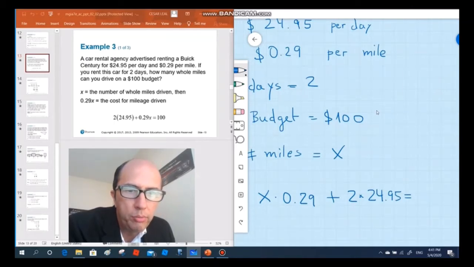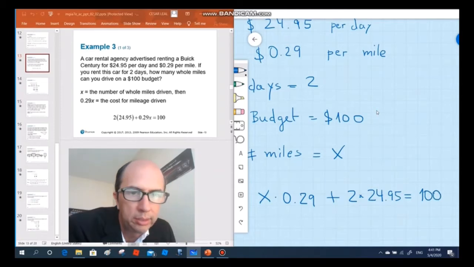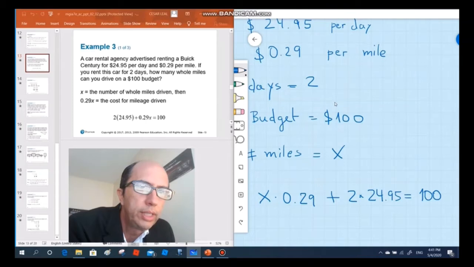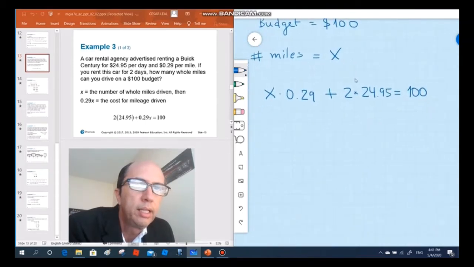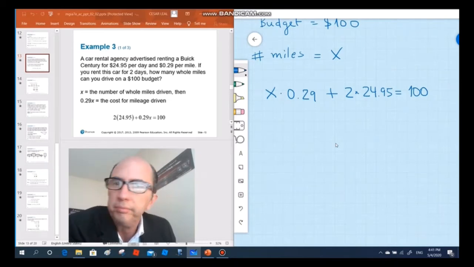If you drive the maximum amount of miles on your budget, this is the limit. The maximum that you're going to spend is your budget, $100. So now we have an equation. If you have an equation, you can solve this problem by simplifying the equation.